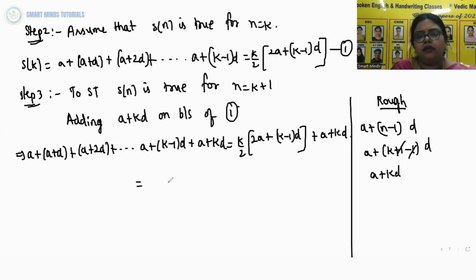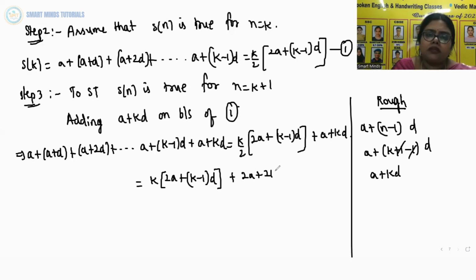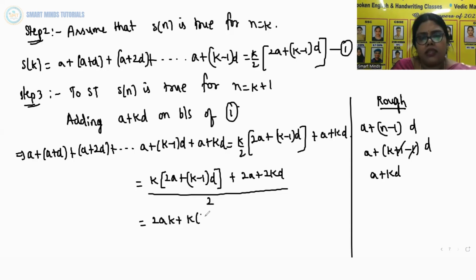Now only take the RHS. Now we take the LCM here: [k(2a + (k − 1)d) + 2a + 2kd] whole divided by 2. Now that is [2ak + k(k − 1)d + 2a + 2kd] by 2.